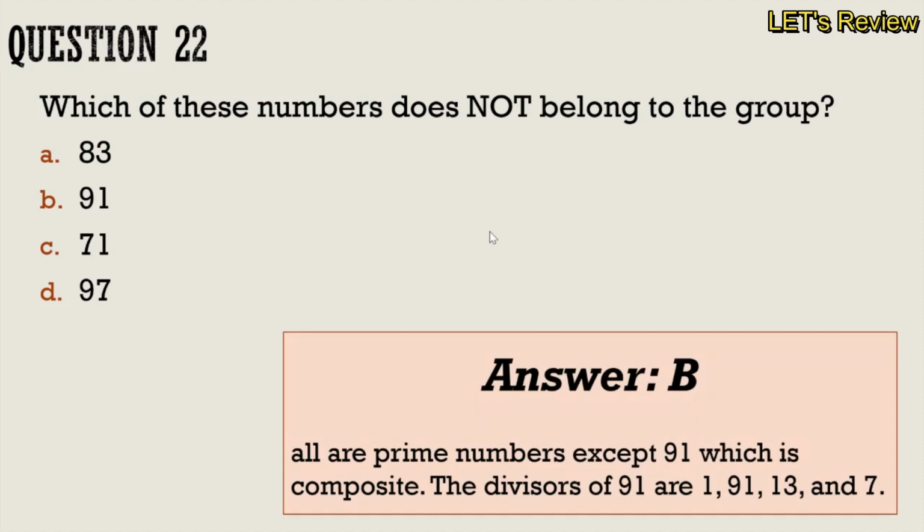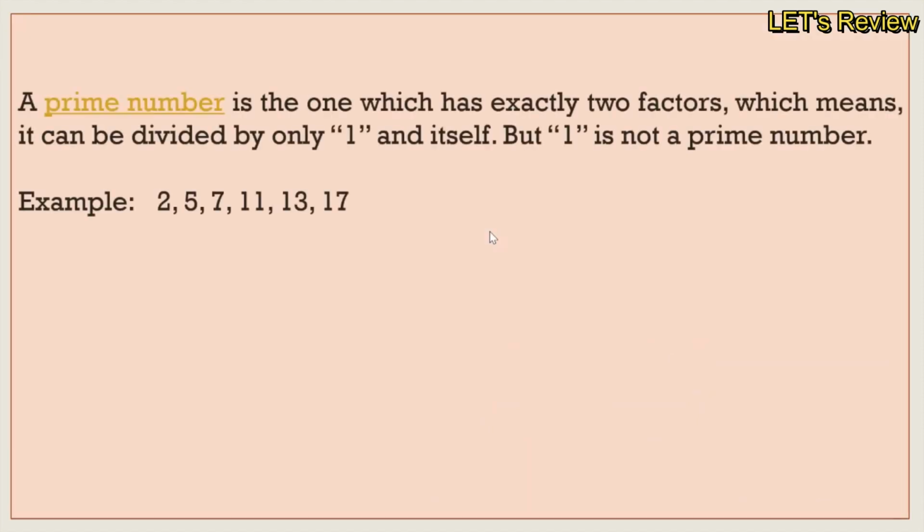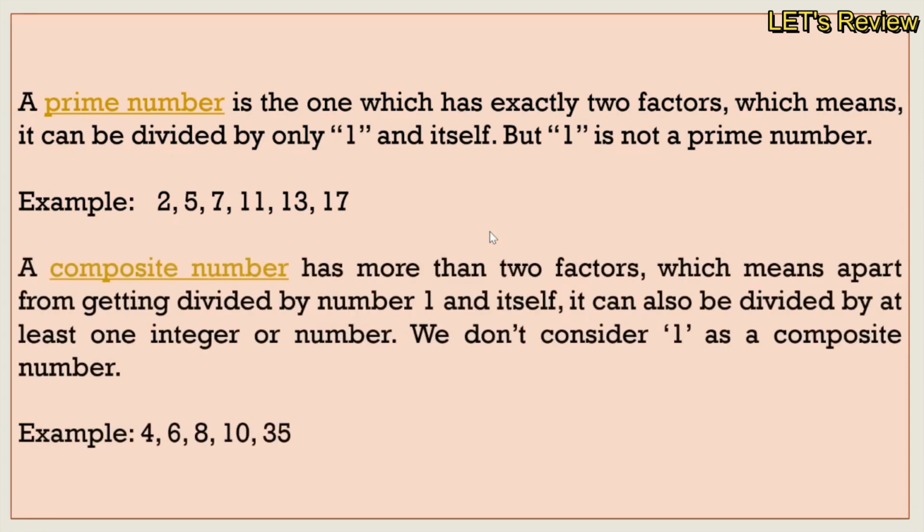The divisors of 91 are 1, 91, 13, and 7. A prime number is one which has exactly 2 factors, which means it can be divided only by 1 and itself. While a composite number has more than 2 factors, which means apart from being divided by 1 and itself, it can also be divided by at least one other integer.